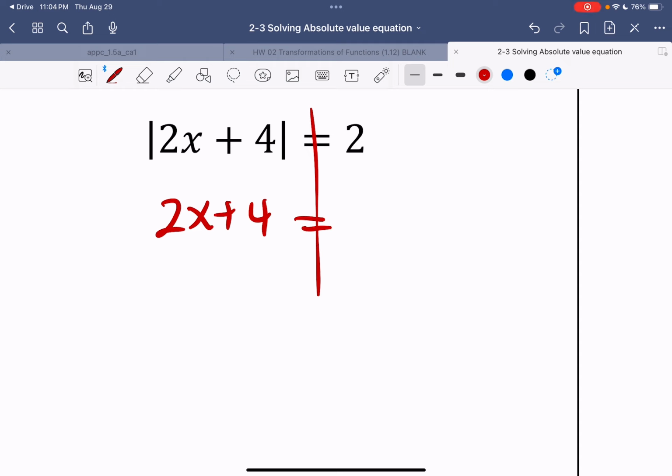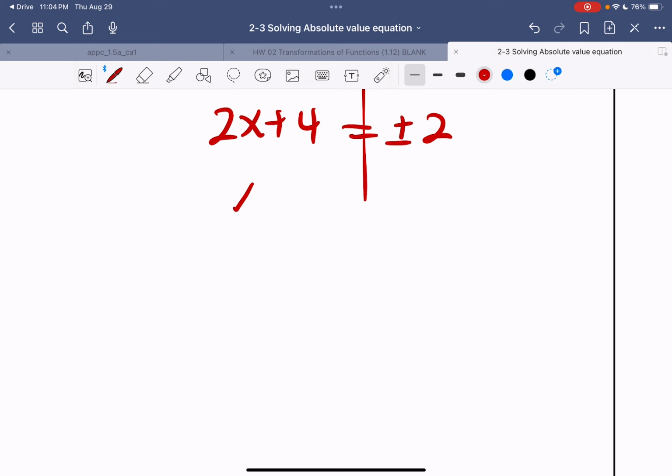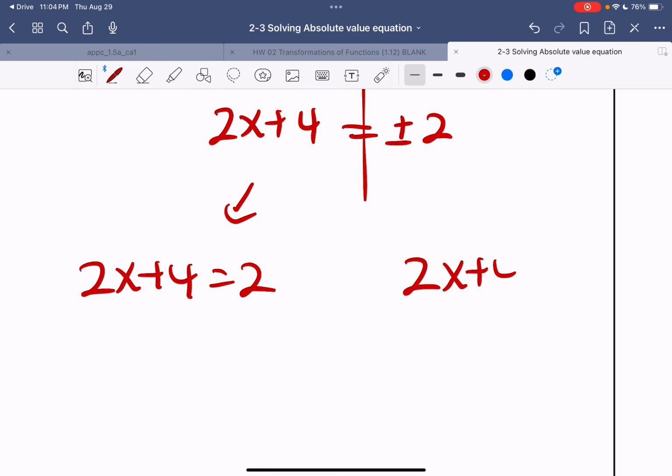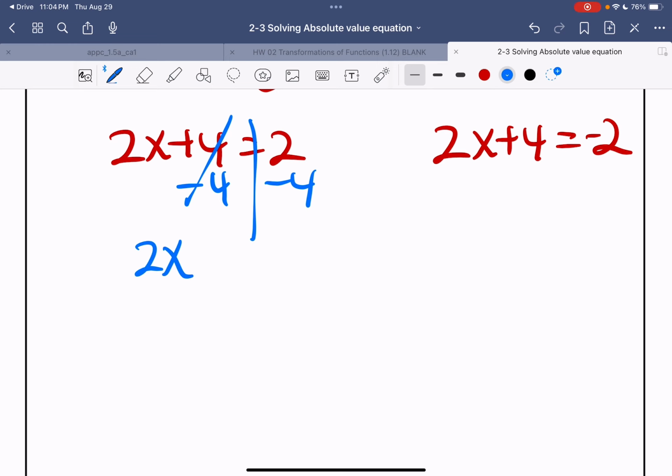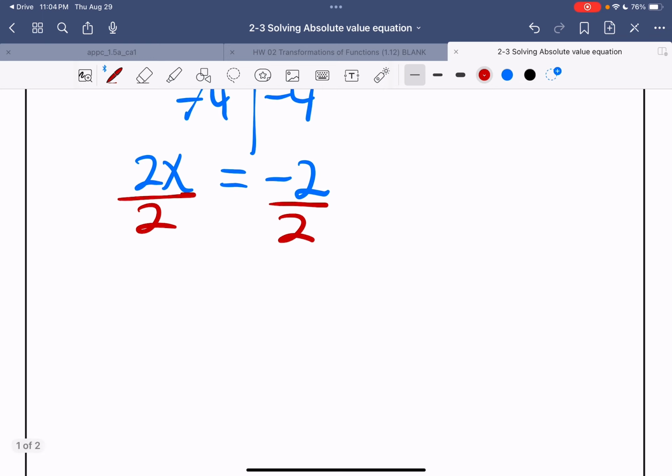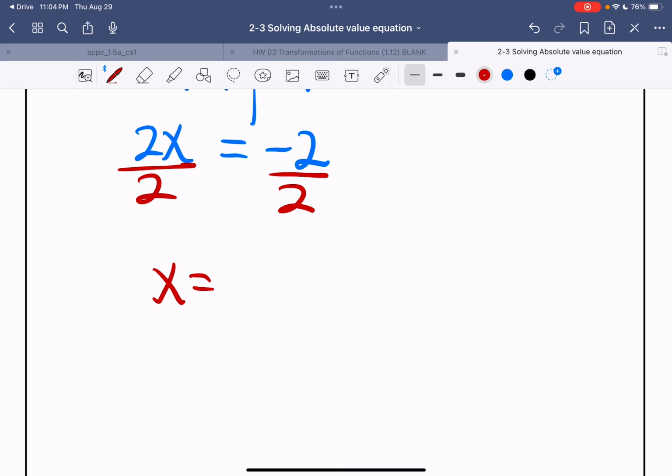So let's say this one is equal to positive or -2. If you divide this one into 2, you're going to get 2x plus 4 equals +2, or 2x plus 4 equals -2. Now, if you solve it, you get 2x equals 2 minus 4, which is -2. If you divide each side by 2, you get x equals -1.